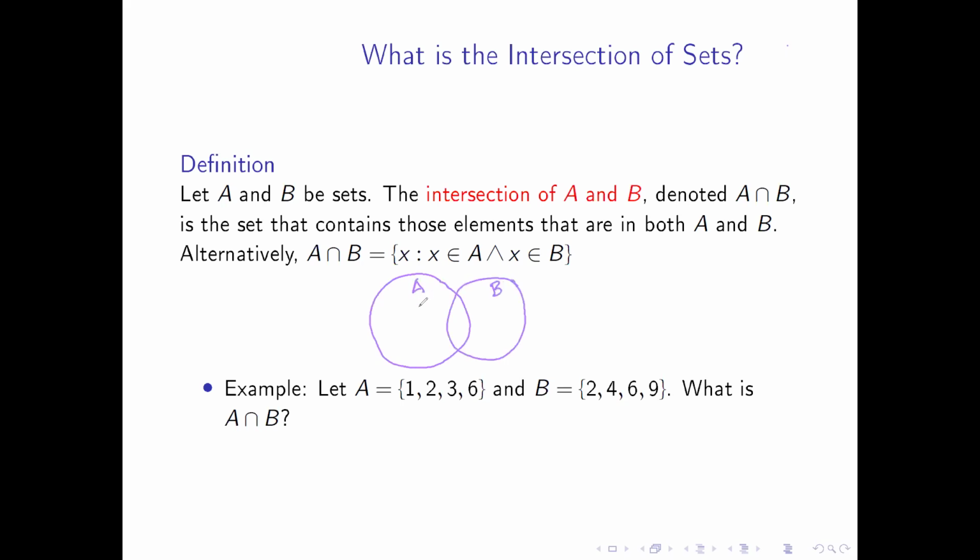When you draw Venn diagrams, we have to figure out what their overlap is, because I have to put 1, 2, 3, and 6 somewhere in A, and I have to put 2, 4, 6, and 9 in B. To draw them properly, we have to put their overlap or their intersection right here, which is 2 and 6.